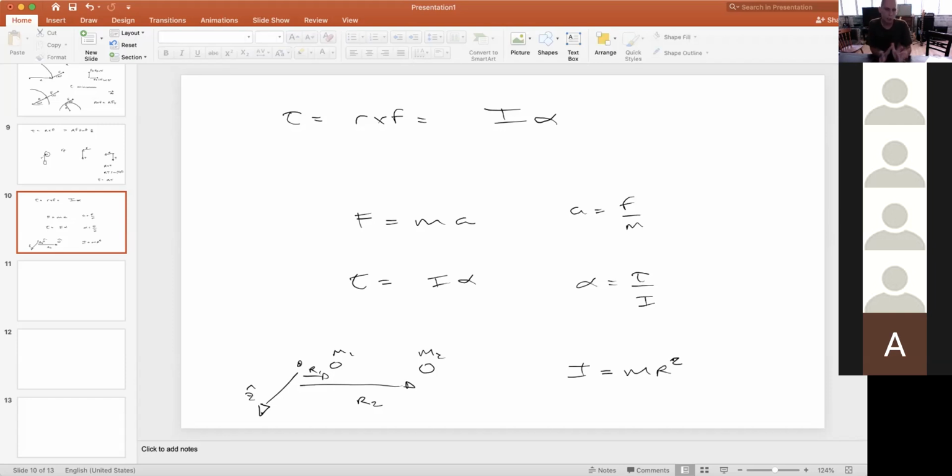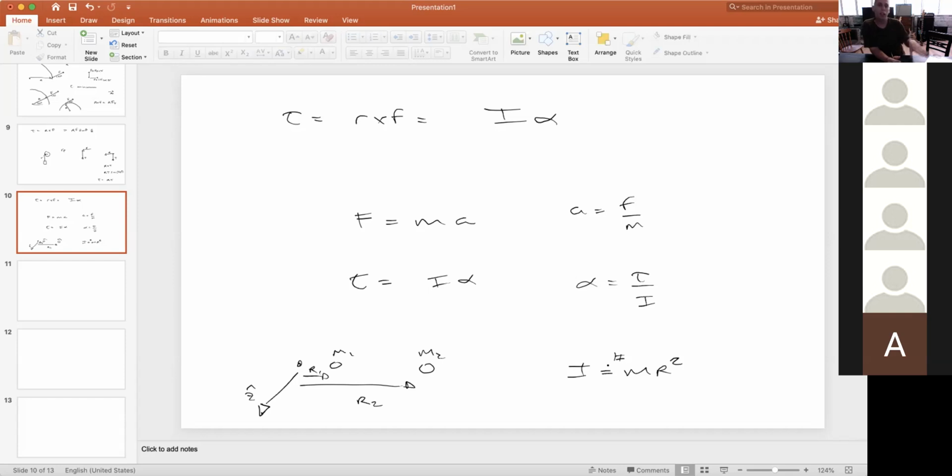Now here's the deal with I. One of the things you need to be able to find is, for an object, what is I? And we'll talk about that in a little bit. But I usually has some number in front of it for an object. For a point mass, it's mr squared. Remember in chapter 7 or 8, we had to find center of mass?